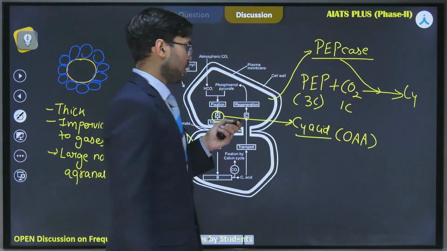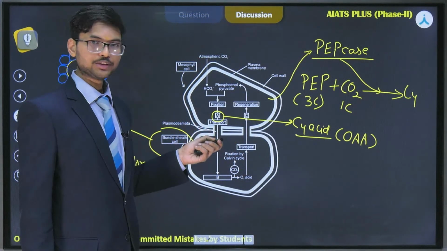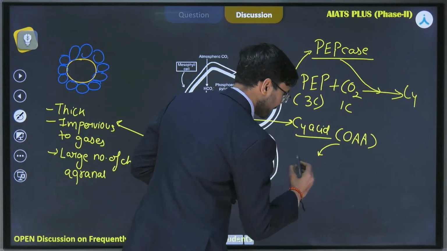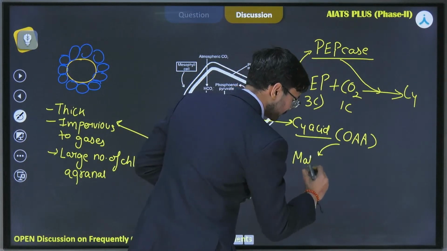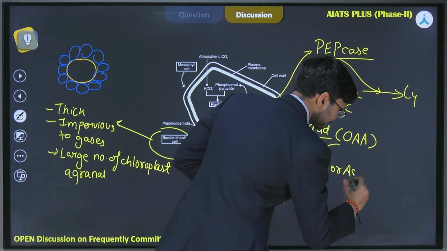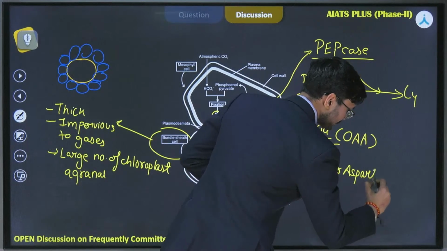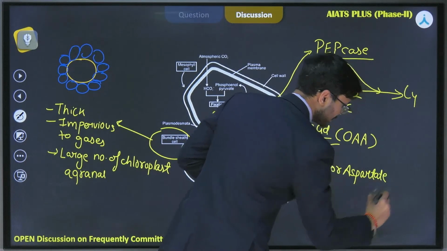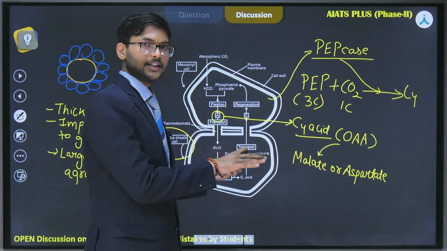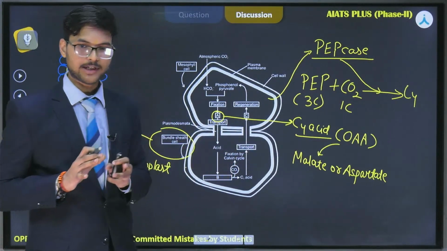Now, the oxaloacetic acid which is formed in the mesophyll cell is going to be converted into malate or aspartate. Within the mesophyll cell, this oxaloacetic acid will convert into malate and aspartate.